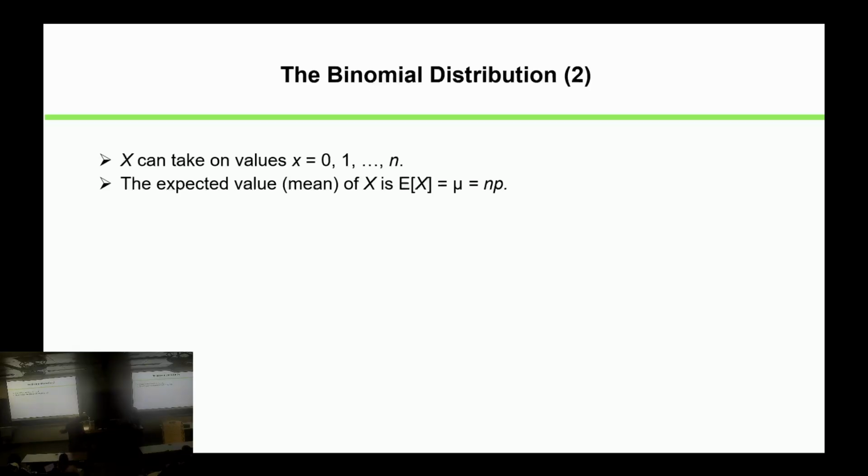If we roll a fair die 600 times and say, how many times do we expect to get a 3 up? Well, the probability of getting a 3 is 1 out of 6. And there's a 5 out of 6 probability we don't get a 3. But 600 times 1/6 would be 100.